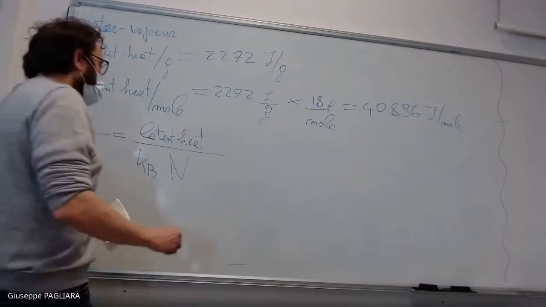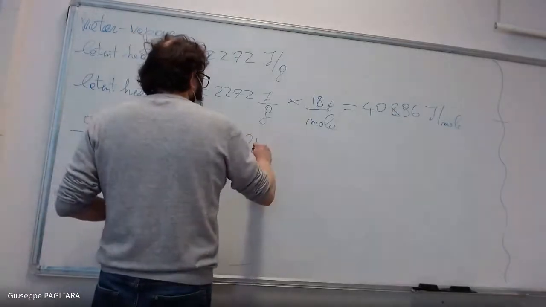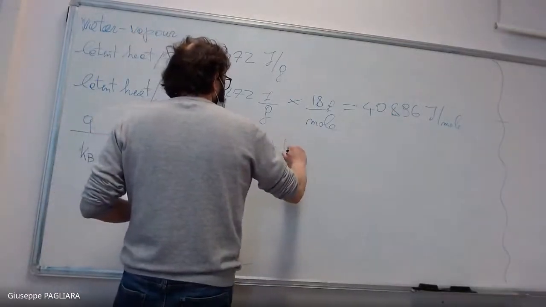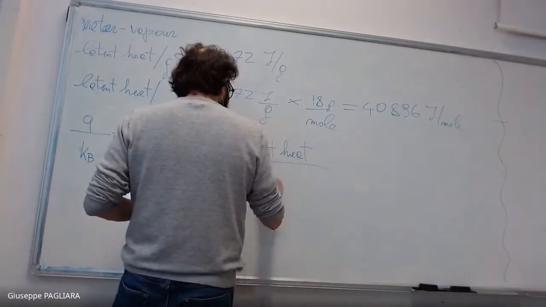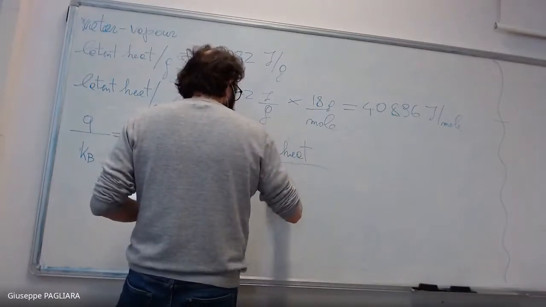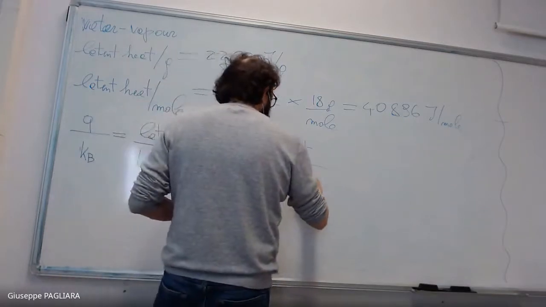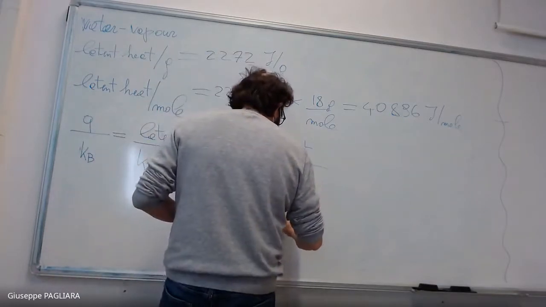And now this is latent heat divided by kB times NA, Avogadro number, times n, where this n is the number of moles.